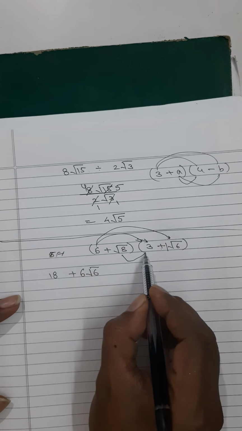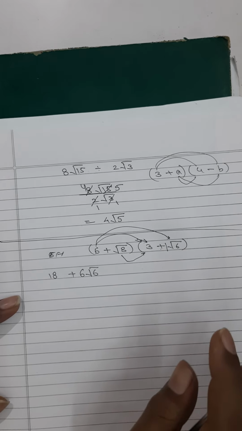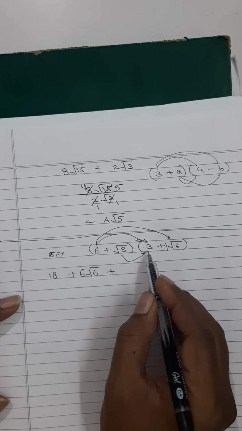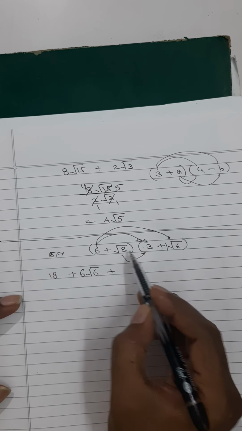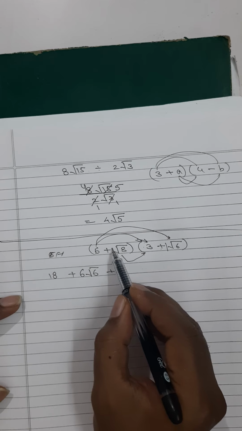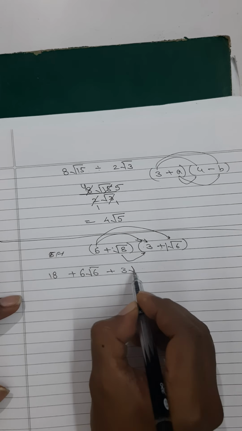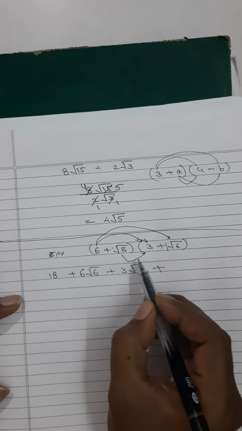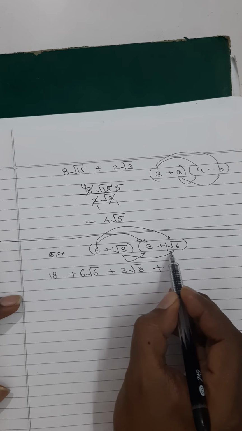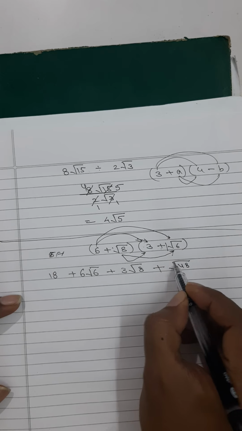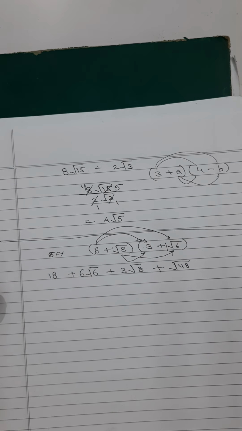Now this root 8 also will go and multiply, but before multiplying that, multiply the signs. Plus plus plus. Now here also the same thing will happen. Root 8, of course there is no radical, radical root 1 you can consider. 3 will multiply with 1 and you will get 3 root 8. Now plus plus plus, and now root 8 will go and multiply with root 6. That will give you root 48.